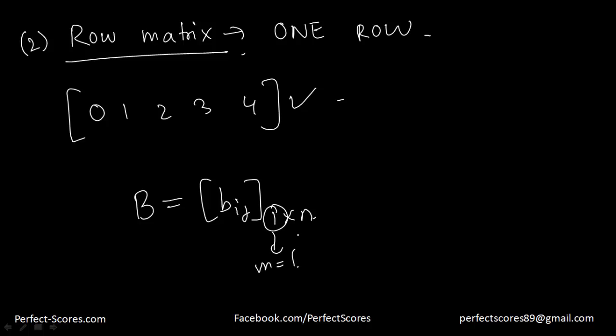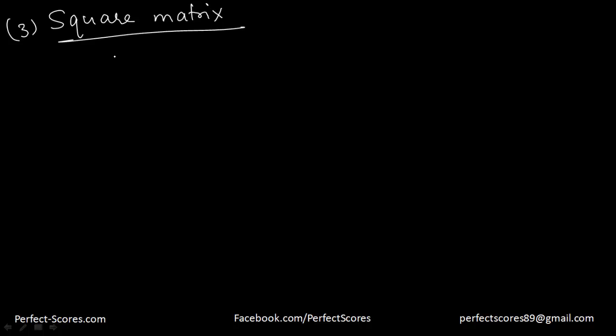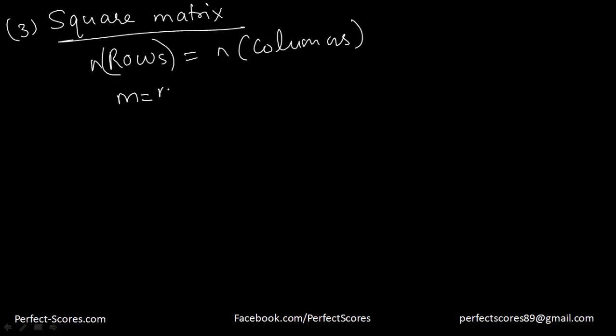Now let's talk about another matrix which is known as a square matrix. Now what is a square matrix? In a square matrix, the number of rows is actually equal to the number of columns, which means the value of m is equal to the value of n.